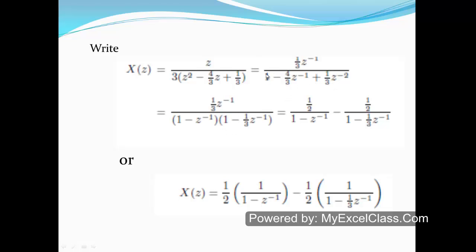Then you factorize the denominator into two factors, 1 minus z minus 1 and 1 minus 1 by 3 z minus 1, and you further factorize it, and it comes into this type of equation.